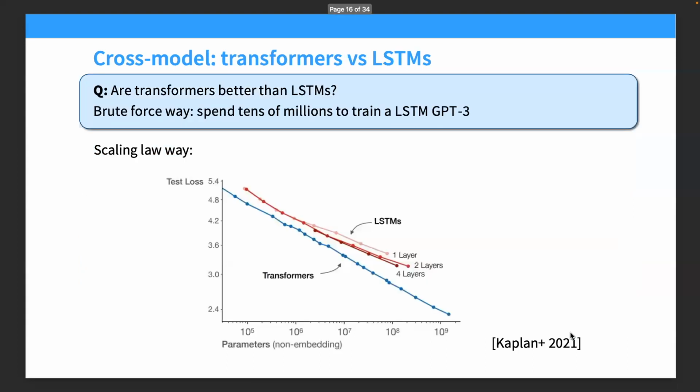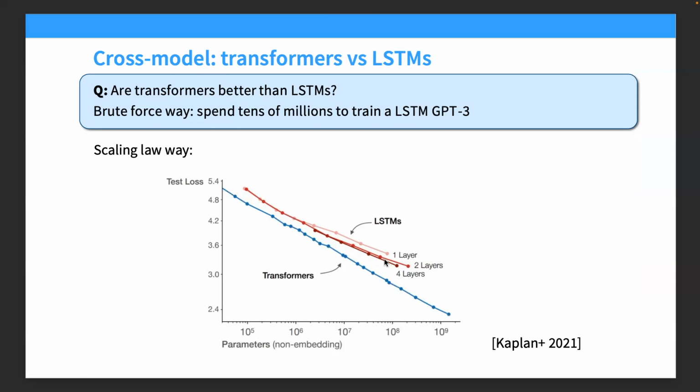Here are some examples. In terms of architecture choices, one straightforward question is whether transformers are always better than LSTMs. One way is to train a really large LSTM and a really large transformer and then compare their performance, which can be quite expensive.